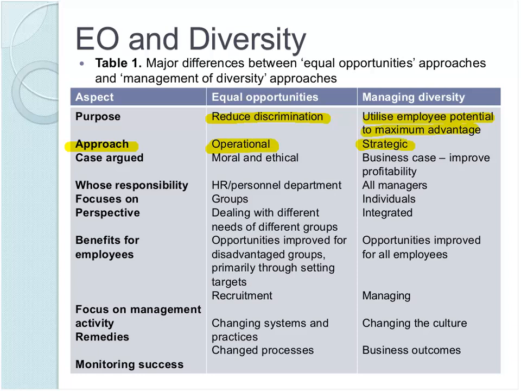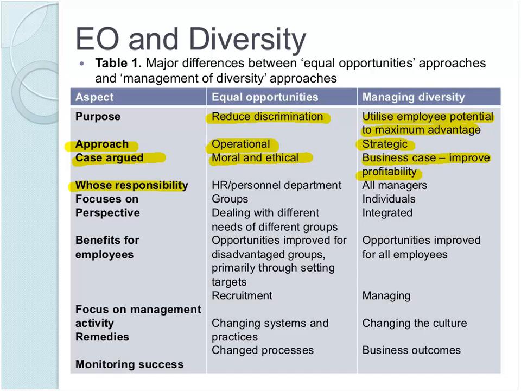And the case argued for equal opportunities is more moral and ethical. The managing diversity case argues that it's more of a business case. It improves profitability. It's focusing on the business rather than the moral or ethical things.